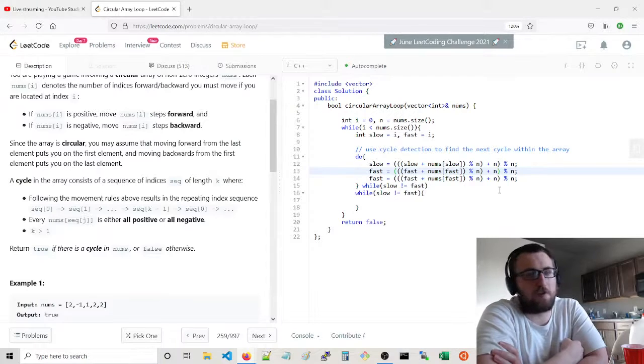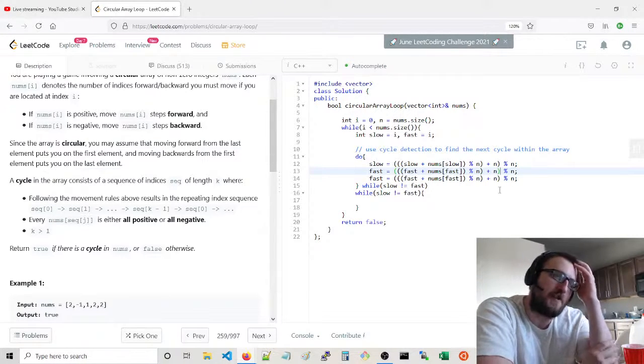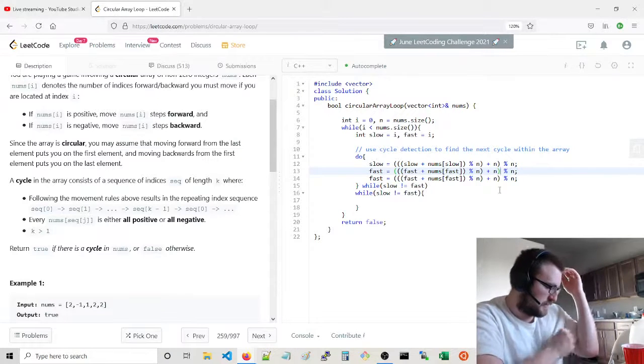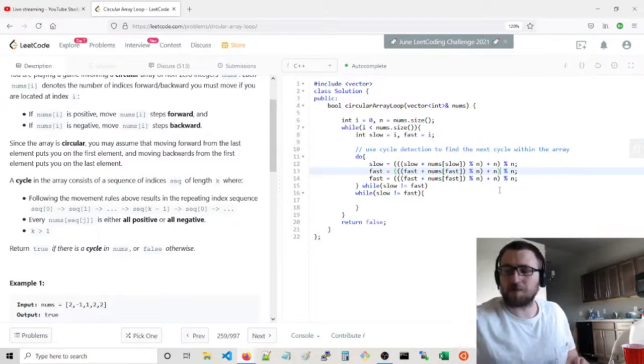That's negative 1 mod 5, which is actually 4, right? Which you get by adding 5 at the end. I think that's correct. Seems a little bit confusing, but I think it's right.